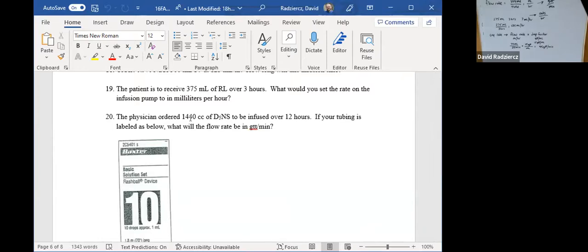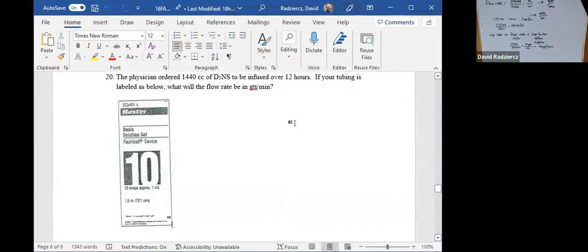Now, as a shortcut, because you know you're going into drops per minute, it's probably better that you go ahead and convert hours to minutes from the get-go. So 12 hours times 60 minutes is 720 minutes.